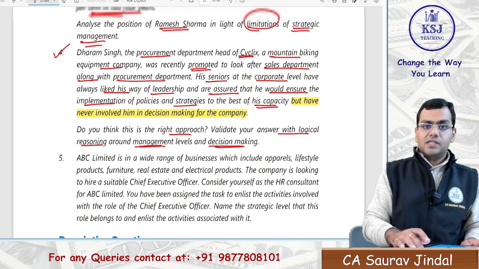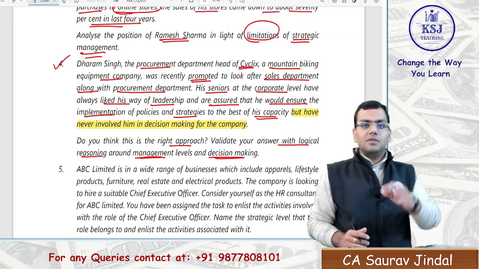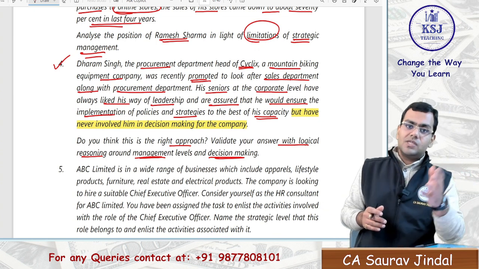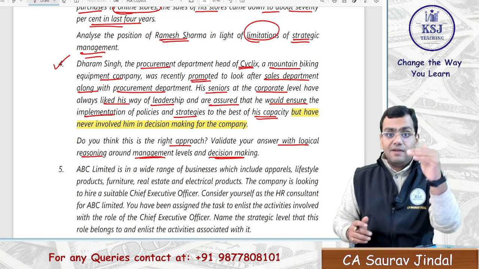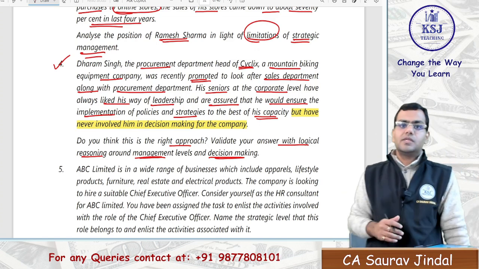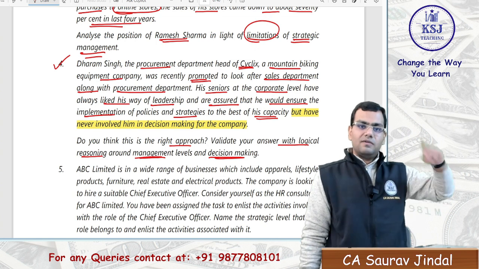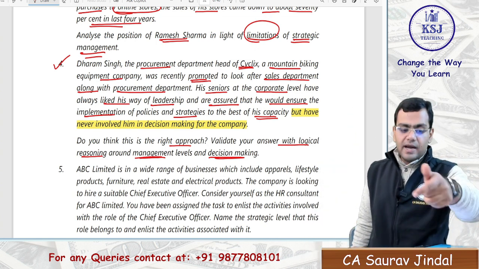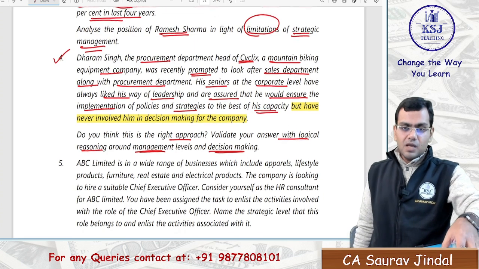See, the first thing here, try to identify this Dharam Singh person who is the head of the procurement department. He is also given the charge of the sales department. At which level is he working, whether at the corporate level, business level or the functional level? Just think about it first and answer to yourself. At what level is he working? Is he working at the corporate level?